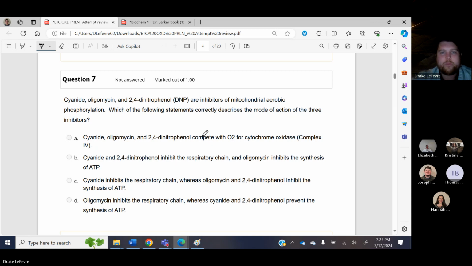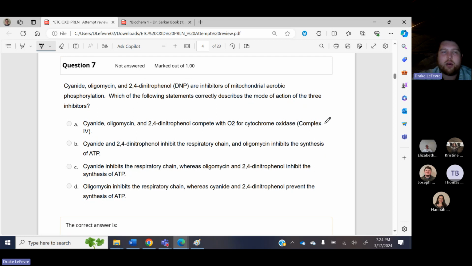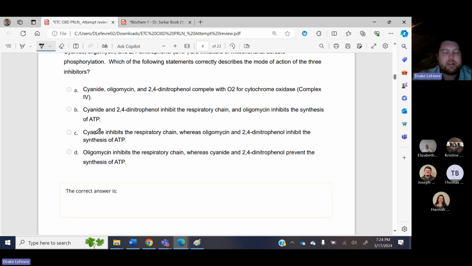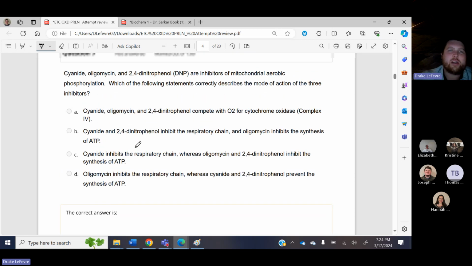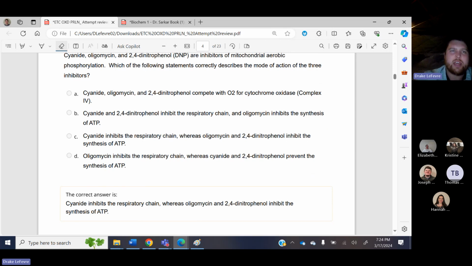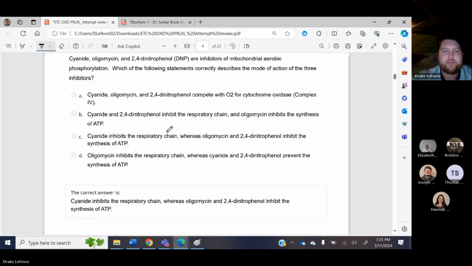These compete with O2 for cytochrome oxidase in complex 4. They inhibit the respiratory chain. Oligomycin inhibits the synthesis of ATP. Cyanide inhibits the respiratory chain. Oligomycin and 2,4-dinitrophenol inhibit the synthesis of ATP. I don't want to go over each of these. Let's just go over the answer, because that is going to be more beneficial in the long run.